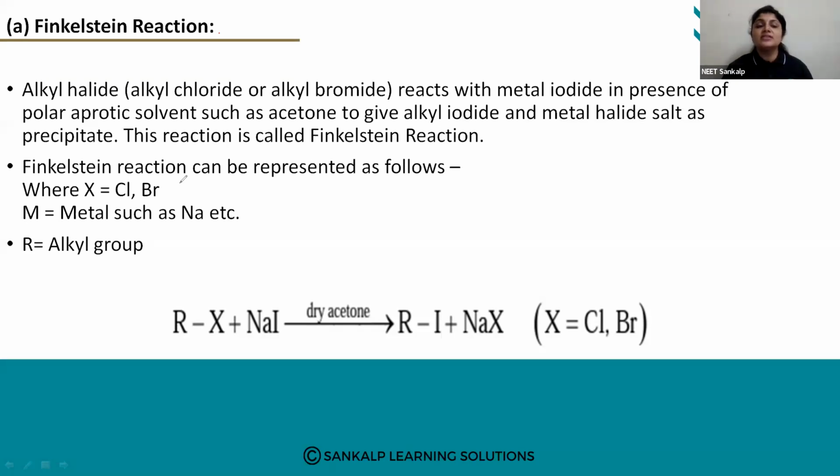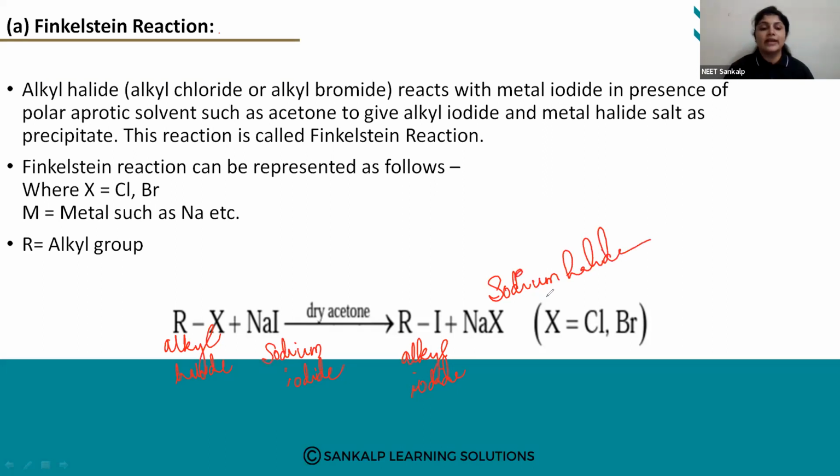Then your Finkelstein reaction can be represented as follows. Now here is the reaction. This is alkyl halide. This is sodium iodide. In the presence of dry acetone, you get alkyl iodide and sodium halide.